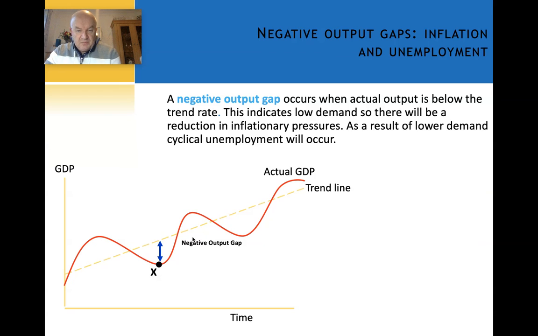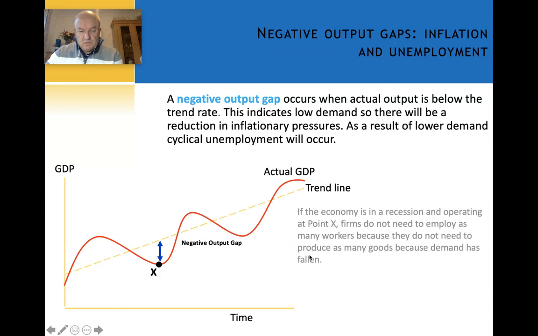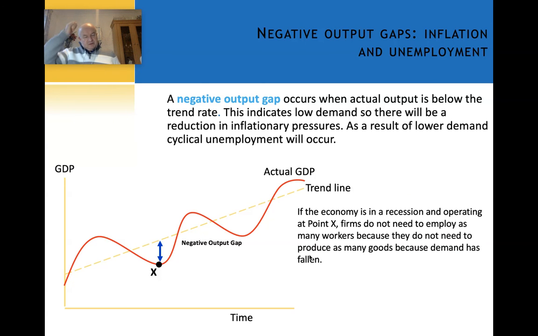That low demand means there is going to be a reduction in inflationary pressures, and as a result of that negative output gap, we're going to get lower demand, and that could mean cyclical unemployment will occur, because we only need to be performing at this level here. That essentially means that we may not need as many workers to provide the output that we need to satisfy all the demand.